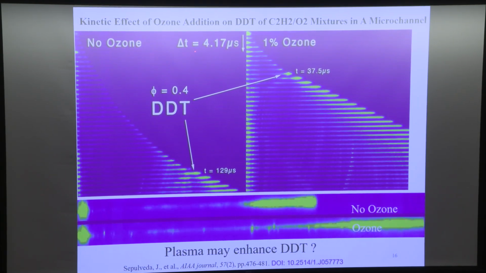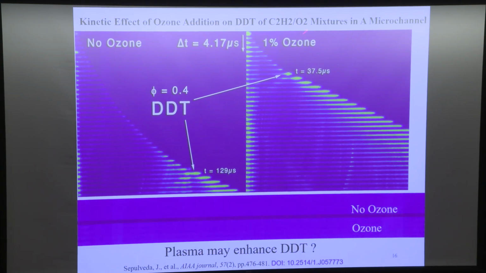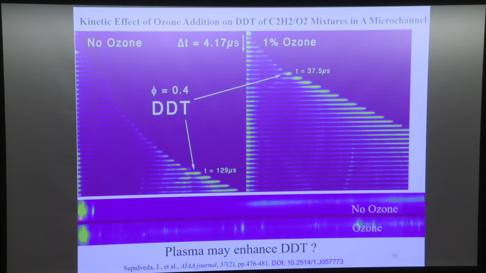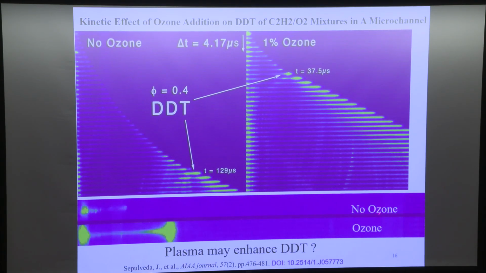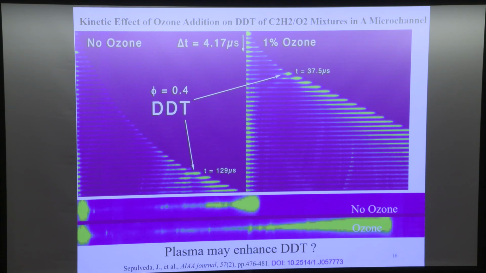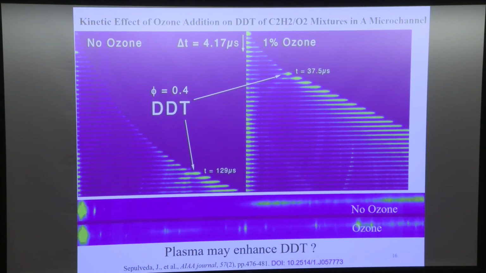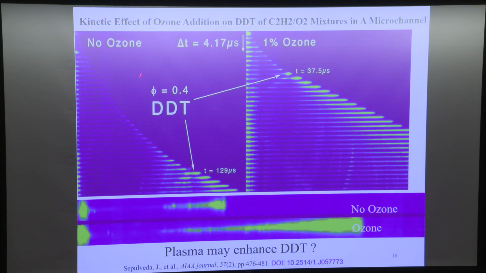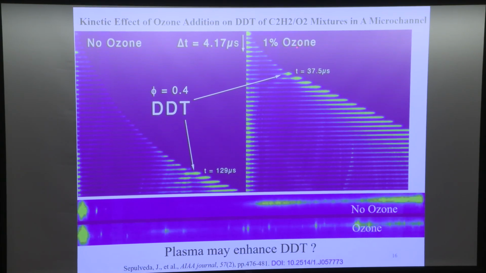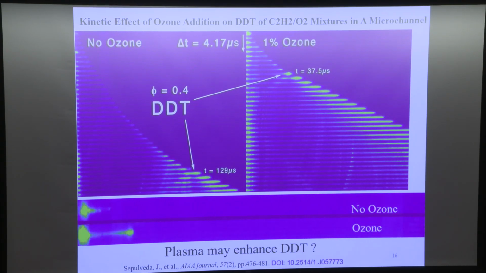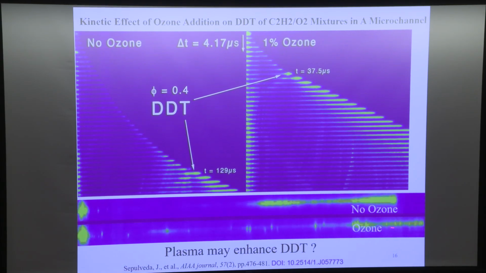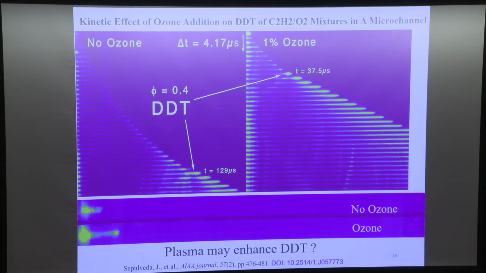This is an acetylene-oxygen mixture, and we put 1% of ozone into that mixture, in a channel about a millimeter wide and probably less than 1 meter long. You can see this is without ozone, this is with ozone. You can see detonation transition is dramatically accelerated and intense.